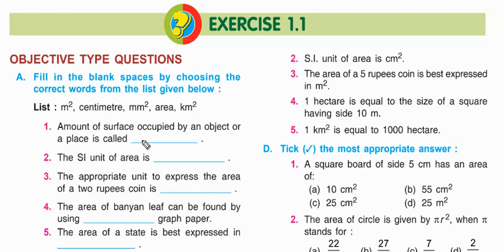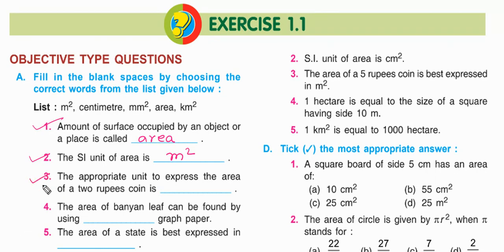Amount of surface area occupied by an object or a place is called area. So, beta, it is called area. Now, the question number two. The SI unit of area is meter square.